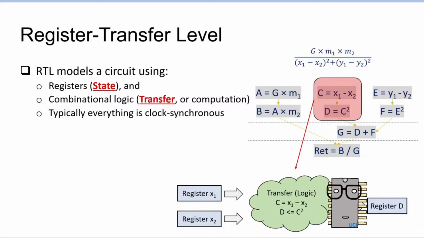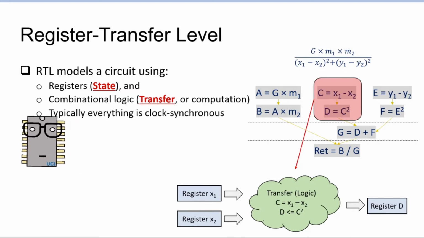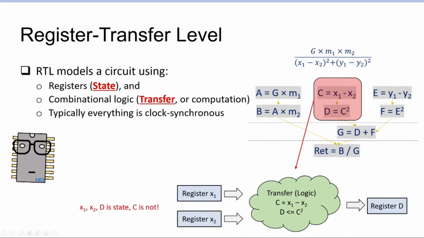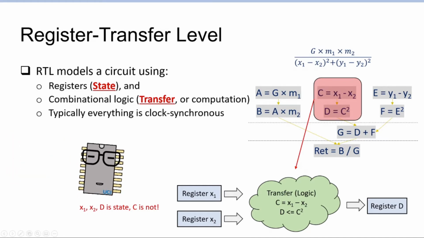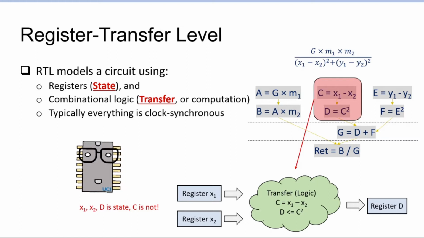The transfer part, the logic part, the computation part of this circuit: since we've already read the values of registers x1 and x2, we're going to calculate x1 minus x2, square it, and then store it into register D. So at the end of this RTL portion, we write the value we calculated, the square of x1 minus x2, into register D. In this context, x1, x2, and D are state, because x1 and x2 were written by some other entity in the previous clock cycle, since these are clock synchronous digital circuits.